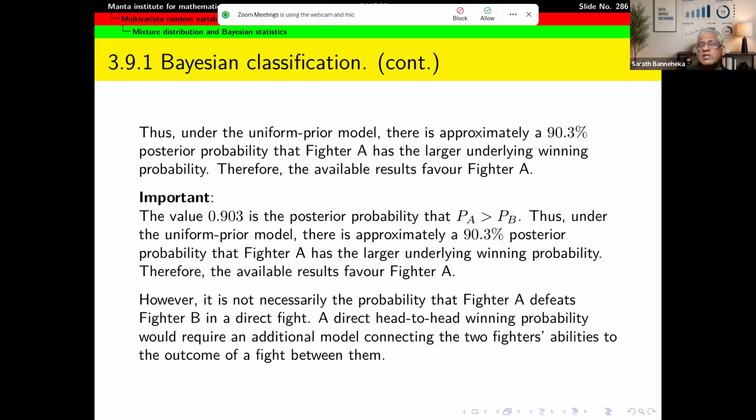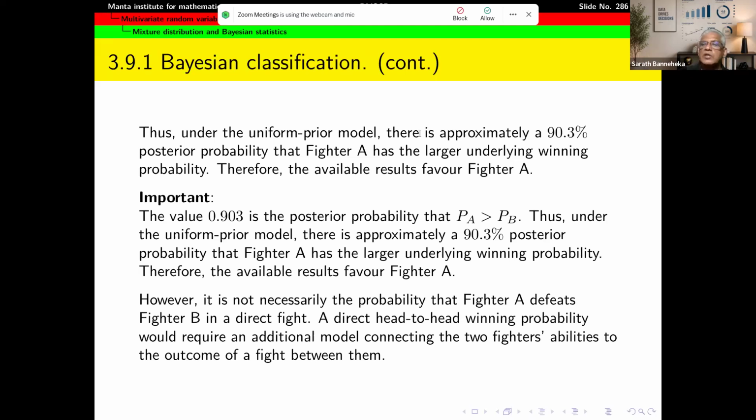Actually, it's not really correct to talk about probability as a percentage. It's better to say 0.903 posterior probability that fighter A has the larger underlying winning probability. Therefore, the available results favor fighter A. So that means we say in general, fighter A is better than fighter B.